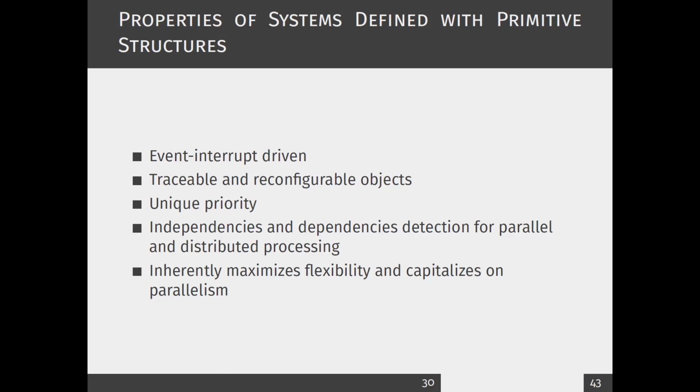Traceable and recoverable objects, you see that we have a hierarchy, and then your priorities are defined. So for example, we can see unique priorities within the system. That means when you're defining both types as well as the functions. Then independencies and the dependencies detection for parallel and distributed processing will be easier because you can see the hierarchy within the system. And it also maximizes the flexibility and capitalization on the parallelism. So these are some of the properties once you define a system with primitive structures.